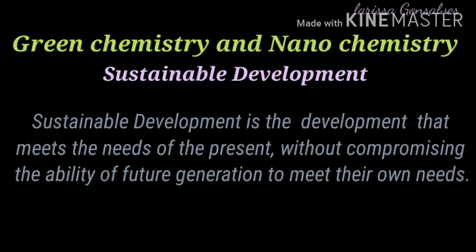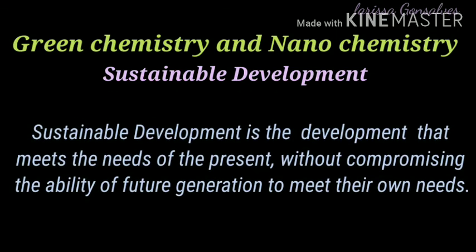Sustainable development is the development which meets the needs of the present without compromising the ability of future generations to meet their own needs. An example of sustainable development would be using recycled and renewable resources whenever possible. So this will actually save the resources for the future generation as well.